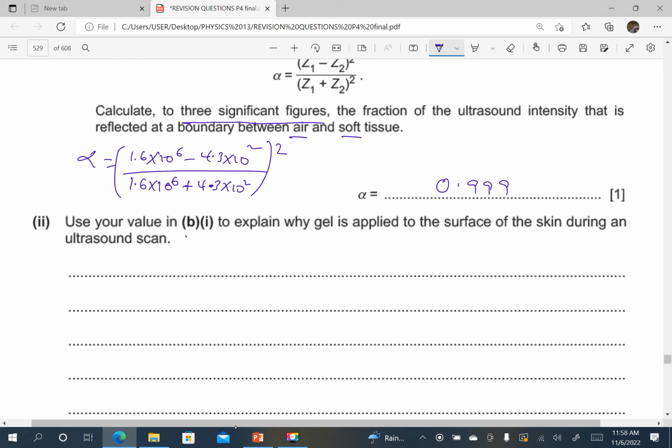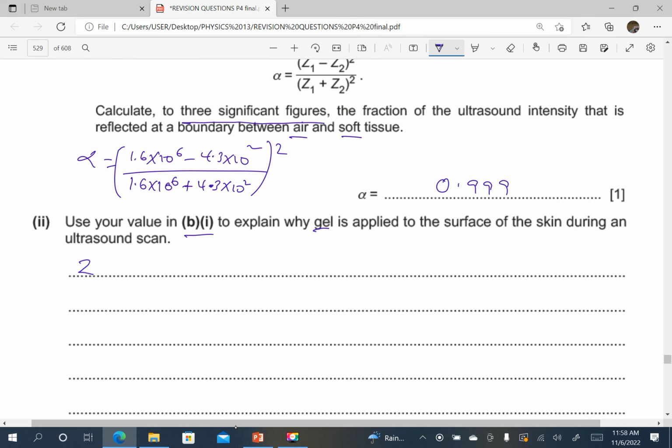Use your value in B Roman 1 to explain why gel is applied to the surface of the skin during ultrasound scan. Why is gel added? The specific acoustic impedances, or the Z values, of gel and skin are more similar. They are almost the same.